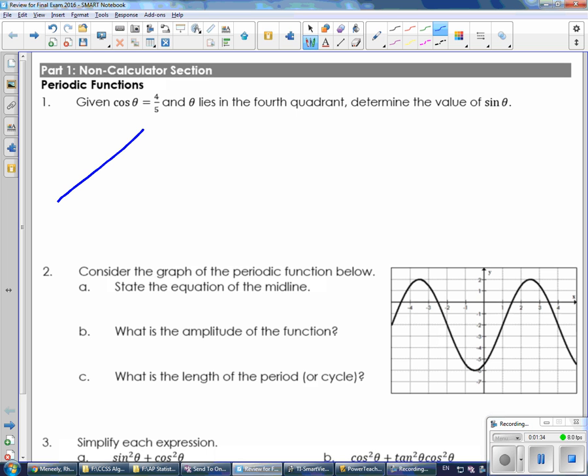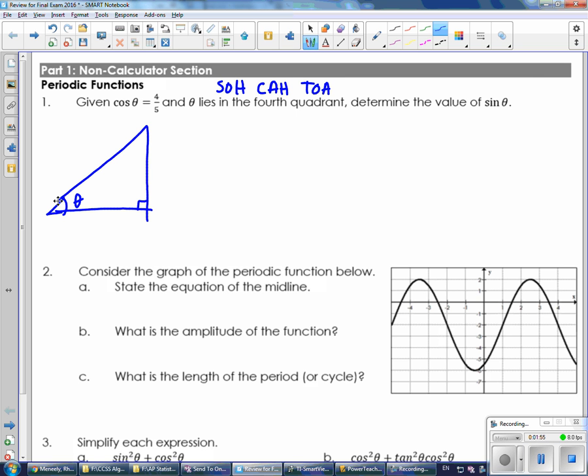And if I draw a right triangle, let's call this angle theta. This would be my right angle. And so if I know that the cosine is 4 over 5, I want to think about my SOHCAHTOA relationship. And remember what SOHCAHTOA stands for.